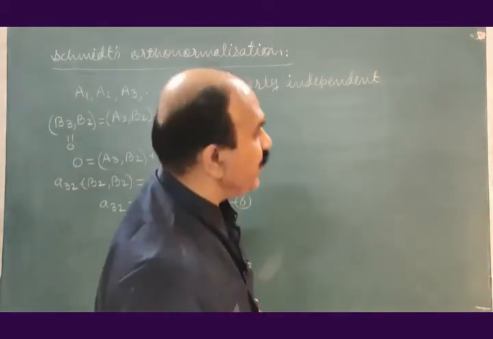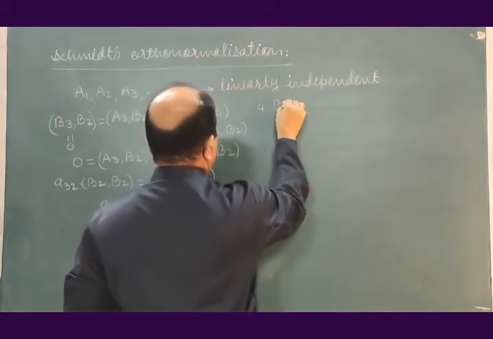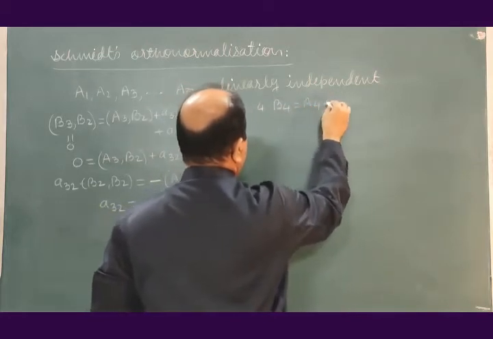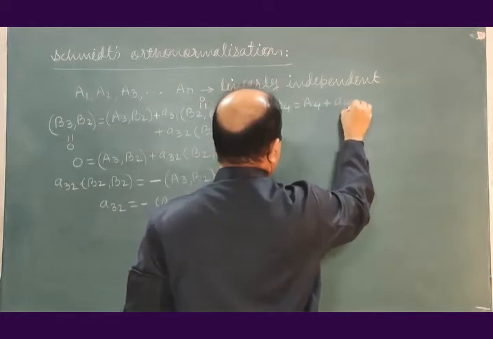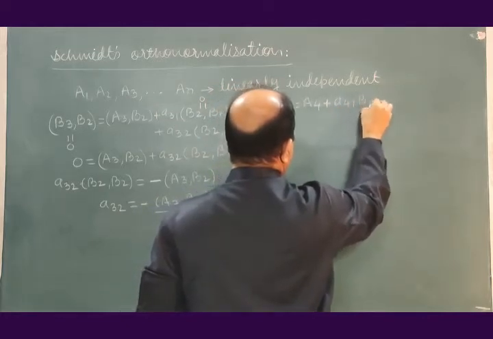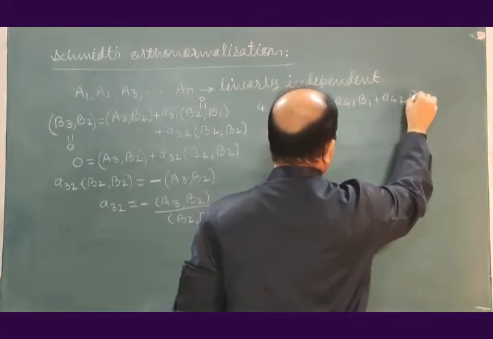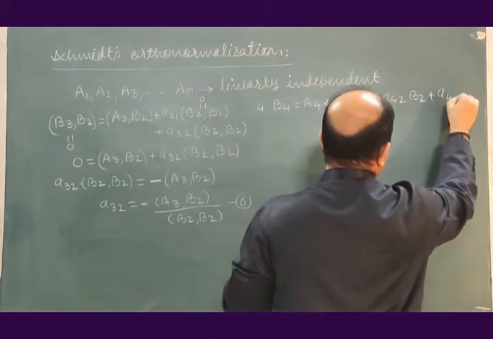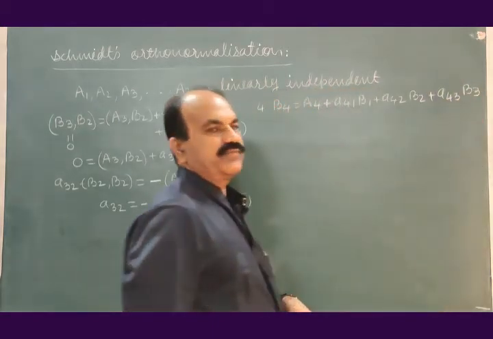Step number 4 is b4 is equal to a4 plus a41 b1 plus a42 b2 plus a43 b3.